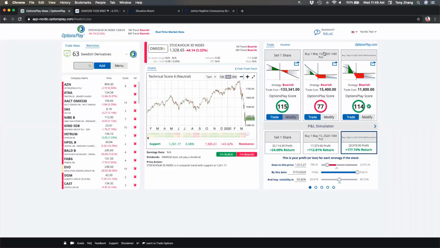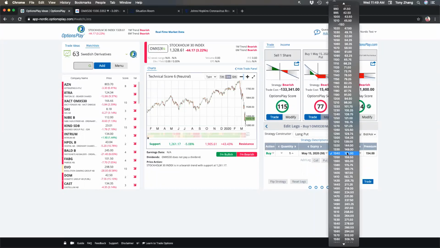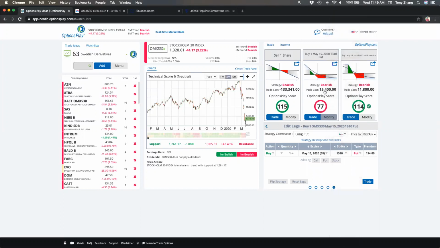So looking at today's closing prices, to buy a May 1340 put option, which is the current put option here, it would cost me 154 crowns, or 15,400 crowns to buy that put option.